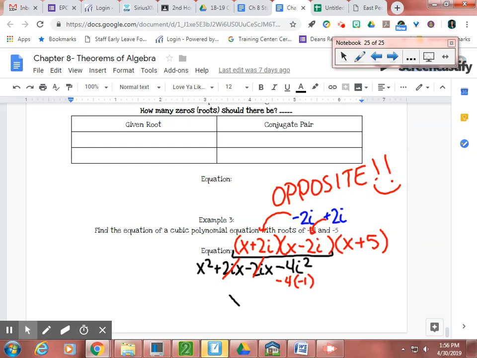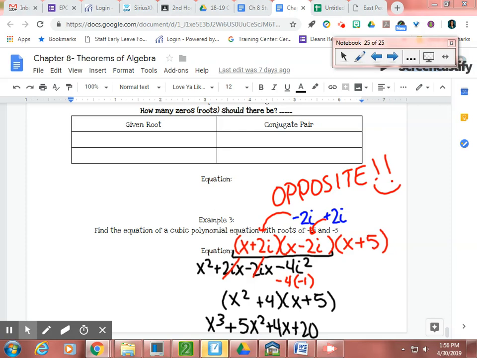So what I'm left with is x squared plus 4 and x plus 5. And now I can FOIL that again and get x to the third plus 5x squared plus 4x plus 20. And again, we could do all of our synthetic division that we've been doing, and that would take us back to the original roots. But now we have the roots, and we're solving for the equation of those.